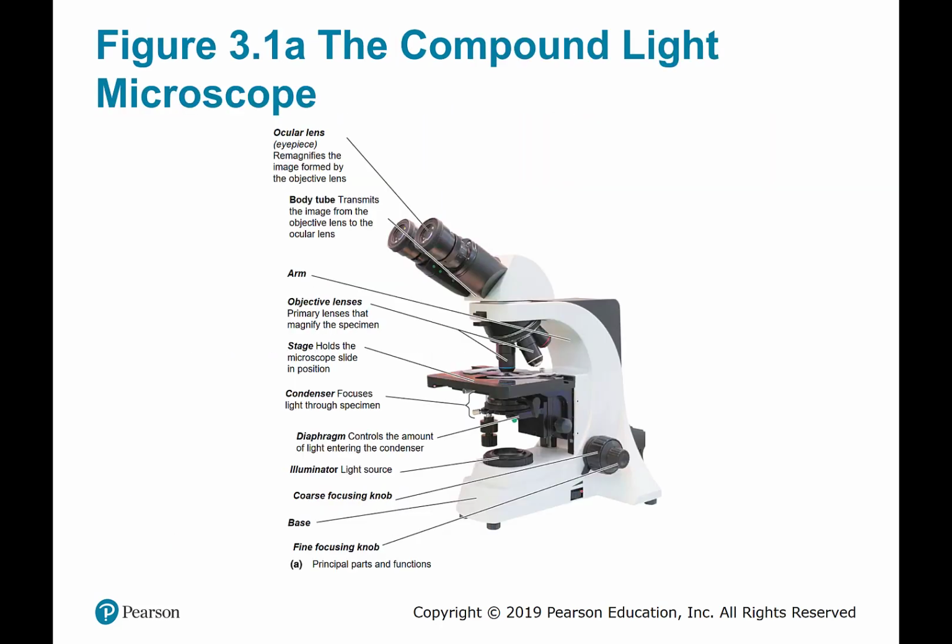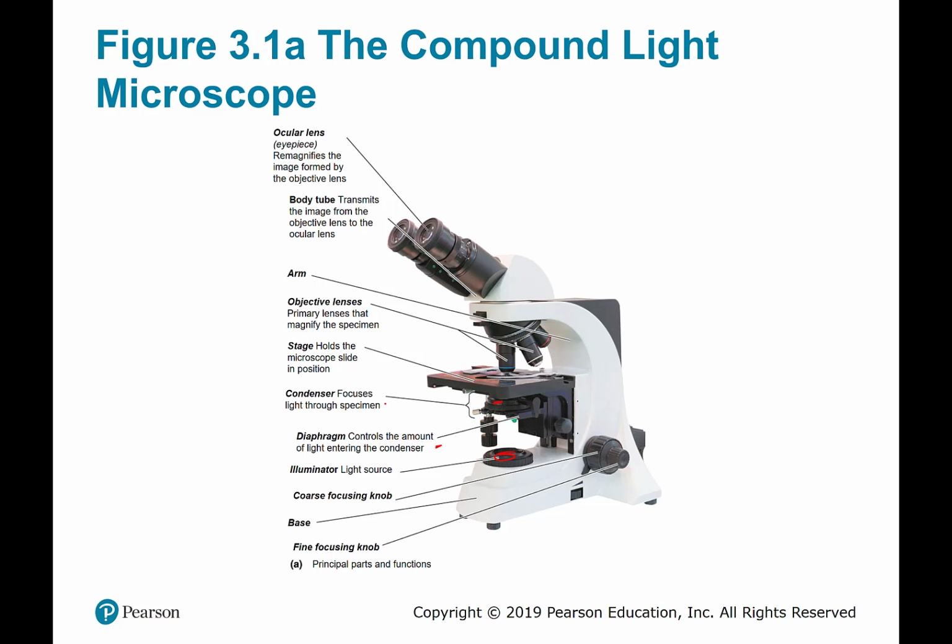This is showing you your basic compound light microscope, something you would find in a microbiology laboratory or another biology laboratory. Your illuminator is going to be your light source, so that's where the visible light is going to come from, and it's first going to pass through a diaphragm, and the diaphragm can control the amount of light that enters the condenser. The diaphragm, you will have a little knob underneath the condenser, and you will adjust the light that enters depending on what magnification power you are using.